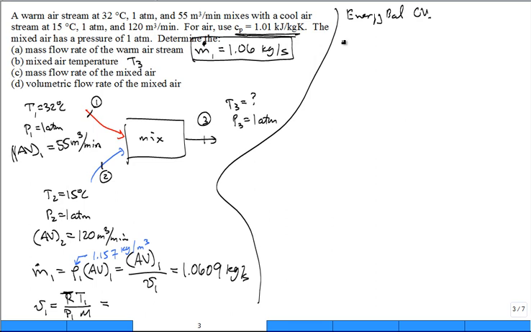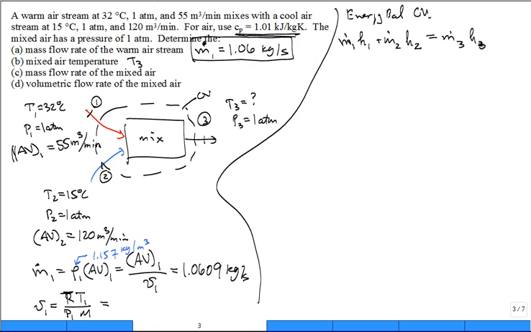I'm going to run out of room, so I don't want to start with the most general, but it's the mass flow rate coming in at 1, bringing with it its enthalpy, and I'm going to neglect kinetic and potential energy. They don't give me any information about that, no duct sizes, stuff like that. And also the mass flow rate coming in at 2, bringing with it its enthalpy at 2. There's no heat transfer to the surroundings. It's just a nice control volume like this. It goes out like that. So that's my energy balance for that control volume.